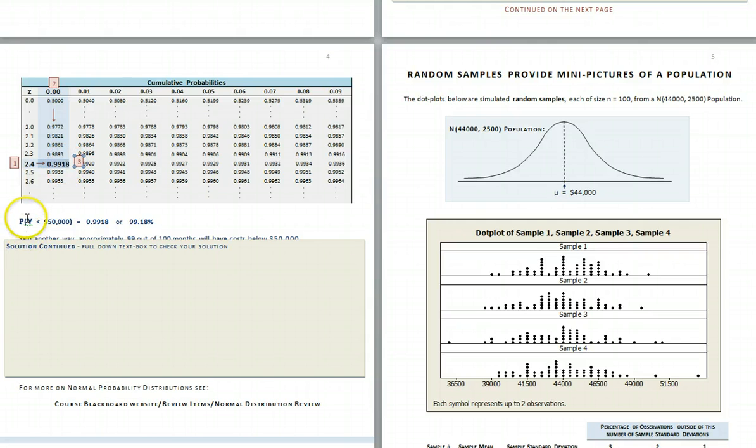We now know that the chance of next month's production cost being less than $50,000 is 0.9918, or if you like talking in percent, 99.18%. Said another way, the proportion of all months that will have production costs of less than $50,000 is greater than 99%.